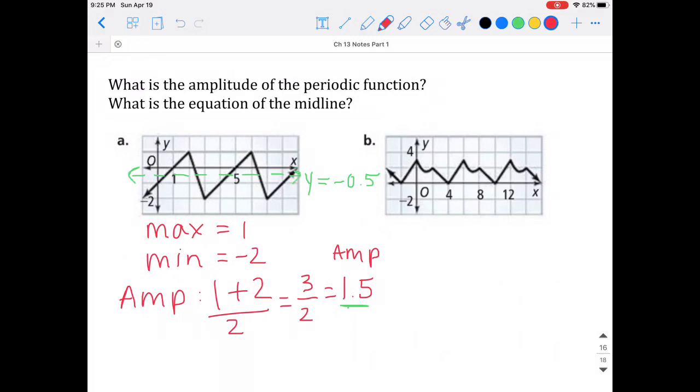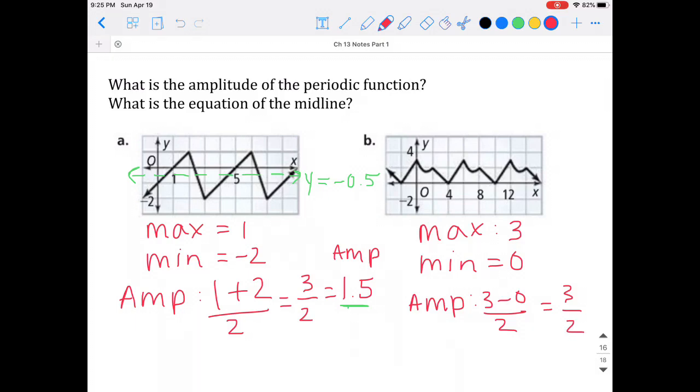And for B, figure out the maximum and the minimum first. So the maximum of this function is at 3. The minimum is at 0. So to find our amplitude, we do 3 minus 0 over 2. 3 minus 0 over 2 gives us an amplitude again of 1.5.